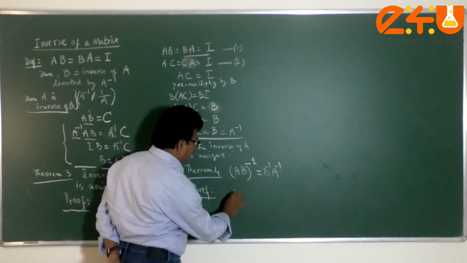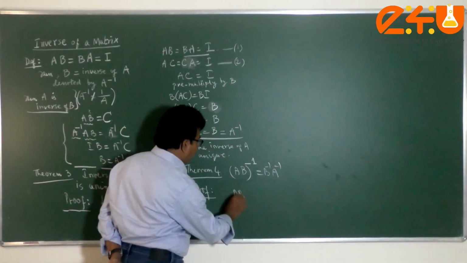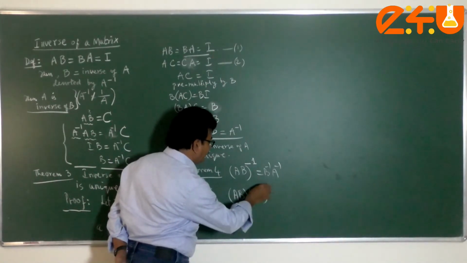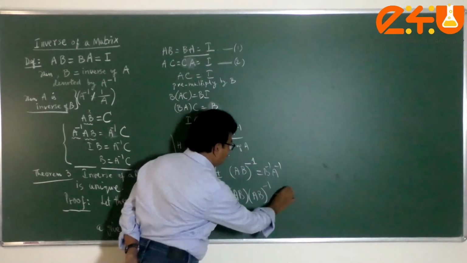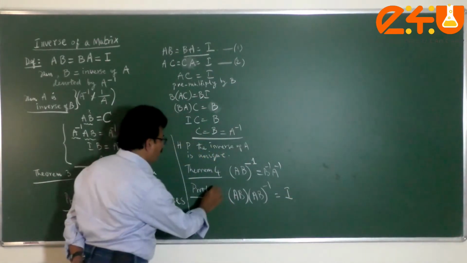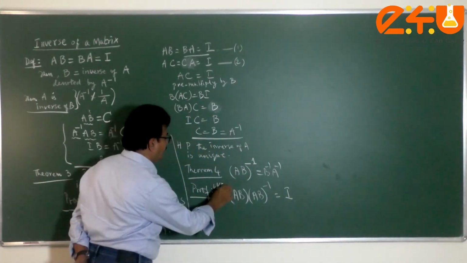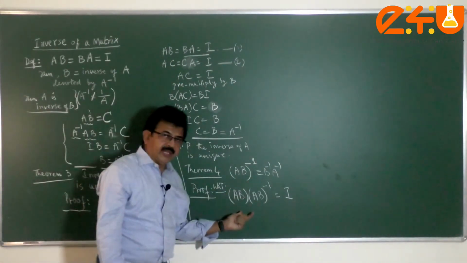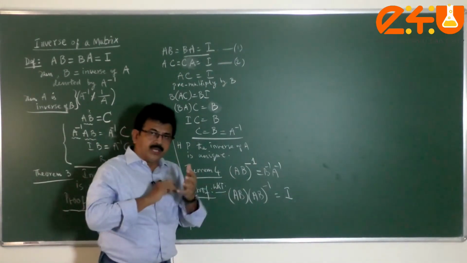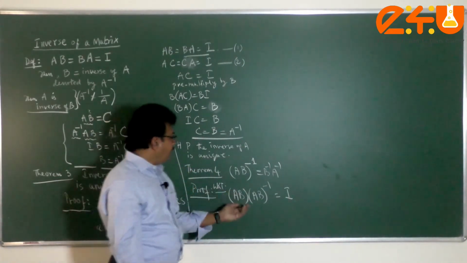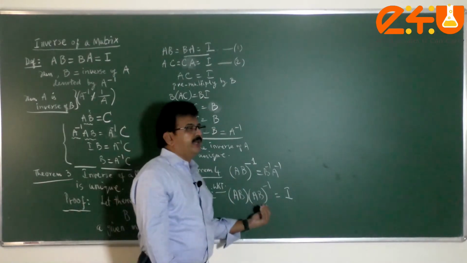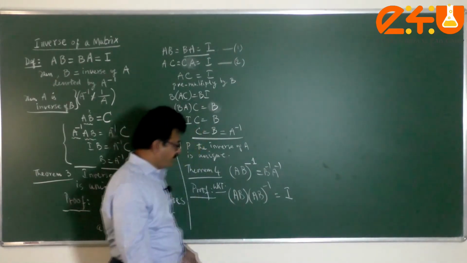So I can put it this way: AB times (AB) inverse gives identity. This is what we know from the definition of inverse. AB, take it as a single entity, and its inverse, (AB) whole inverse, multiplied gives identity matrix.